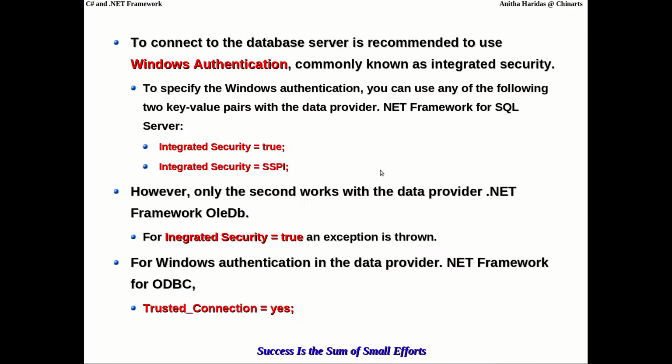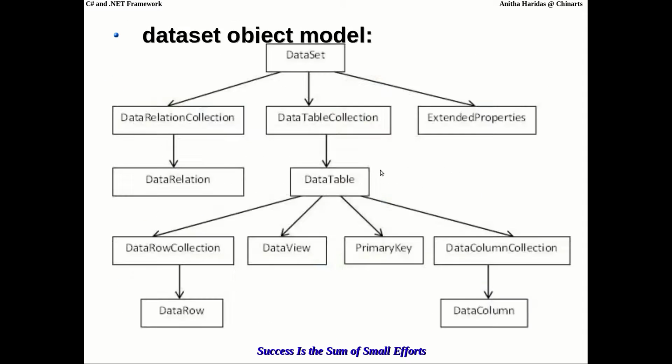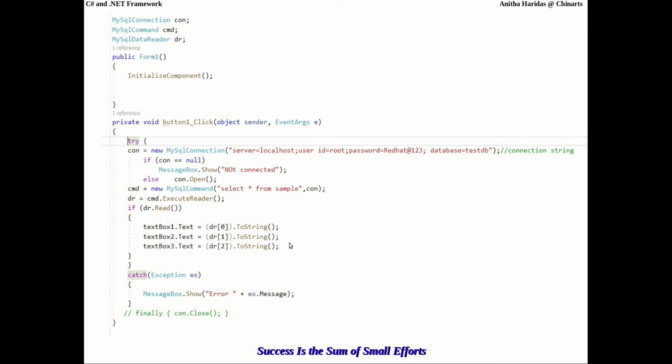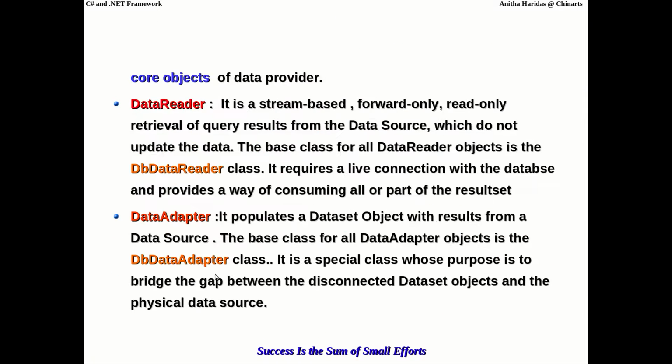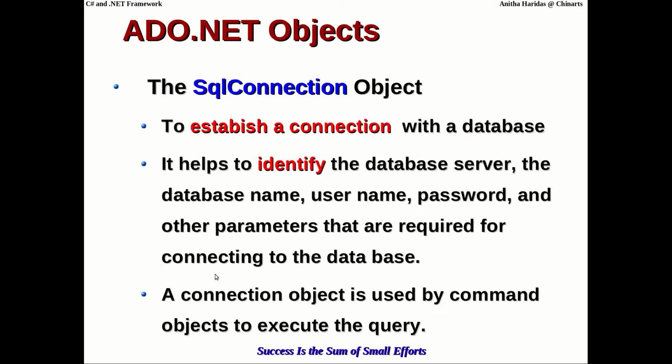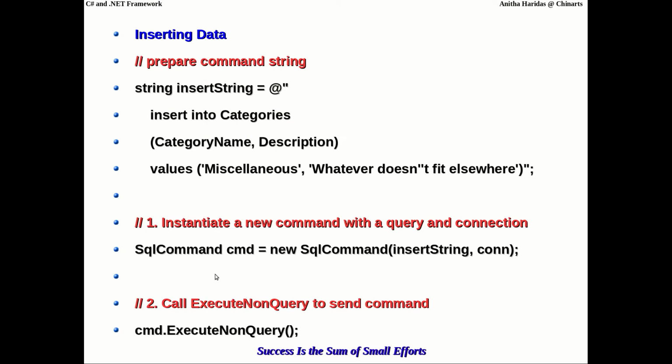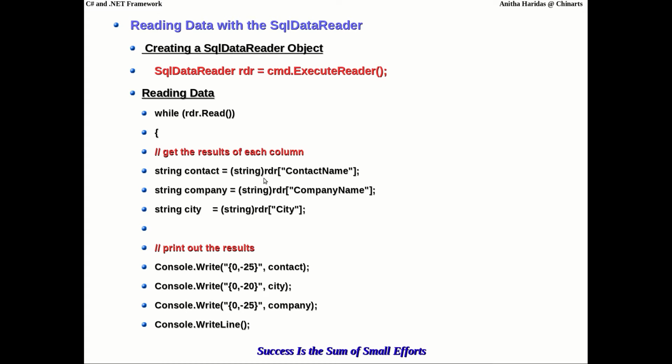In our MySQL example, we have used the index, along with the reader: 0 for the first column, 1 for the second column, 2 for the third column. Or if you are not sure about the column numbers, you can directly specify the column name as a string.